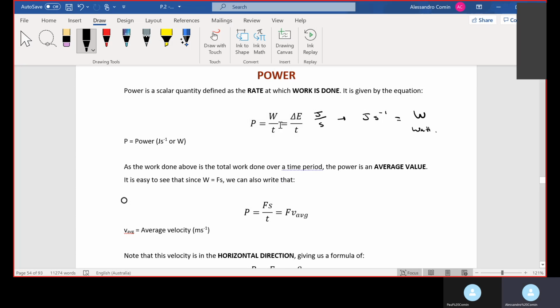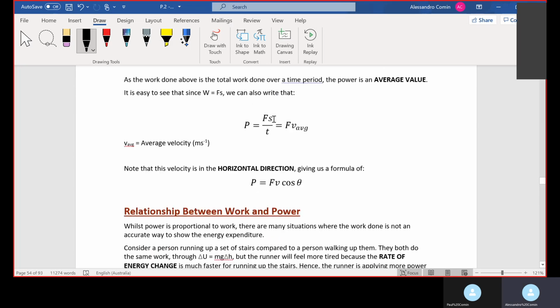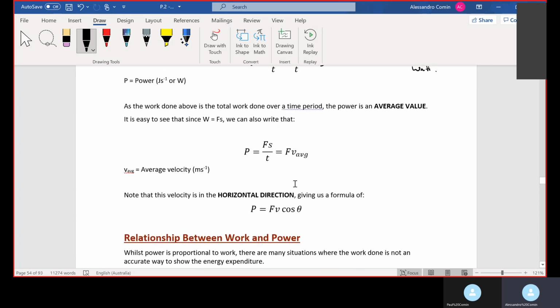Also, we know that W is equal to Fs cos theta. So we're going to have P is equal to Fs cos theta on t. Well, that's very interesting.